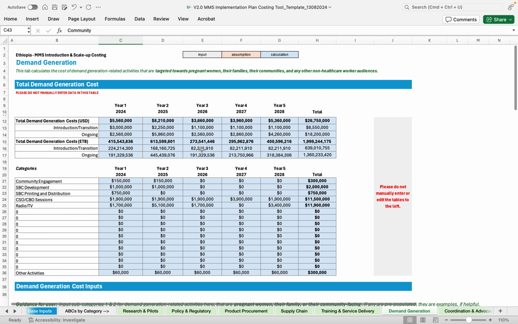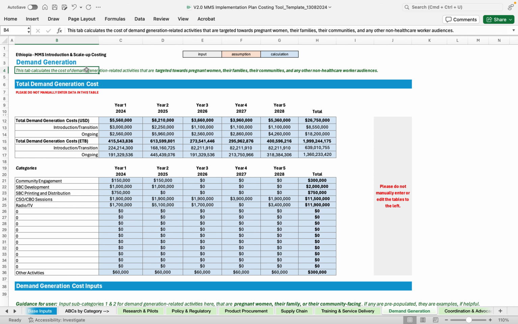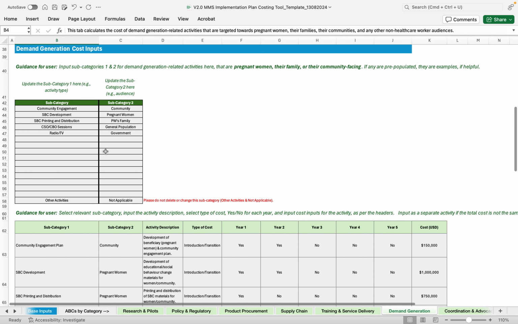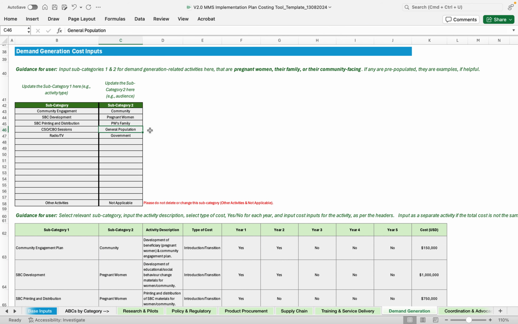Demand generation calculates the cost of demand generation related activities that are targeted towards pregnant women, their families, their communities, and any other non-healthcare worker audiences. And we've included an extra subcategory here in case you want to use it. So for example, subcategory 1 could be the type of activity.